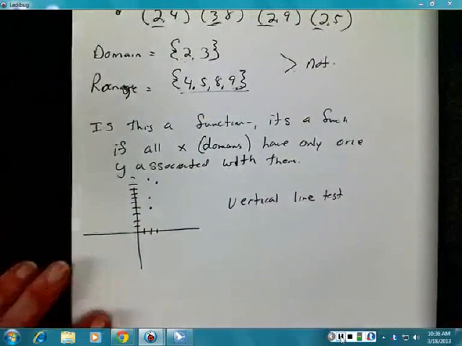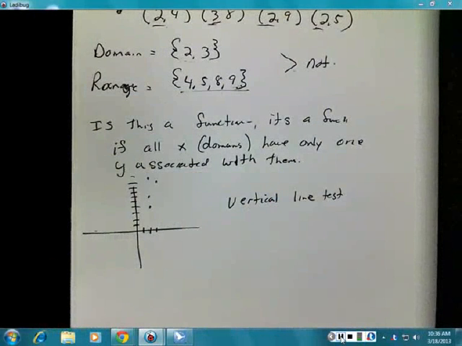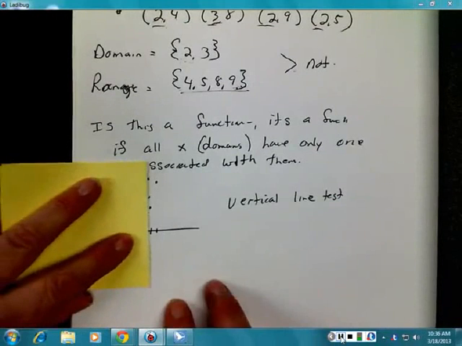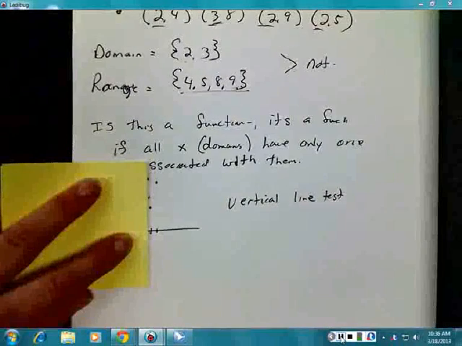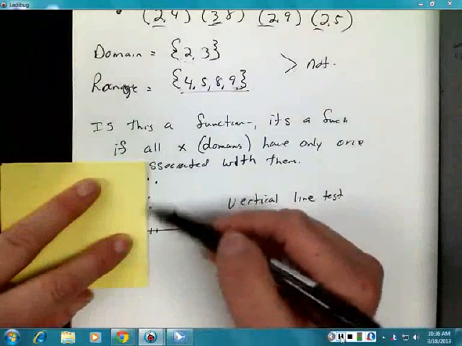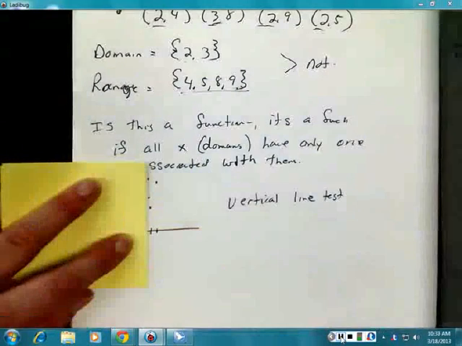And when you do a vertical line test, what that means is if I ran a vertical piece of paper along here, and everywhere I go, I only touched 1 dot, but as soon as I get right here, what do I get? I get 3 dots right in a row, don't I? And because I get 3 dots right in a row, that means that I don't have a function.